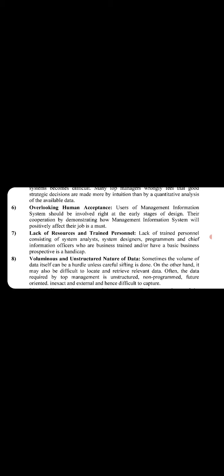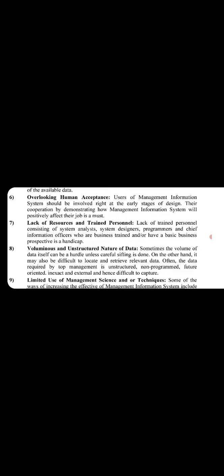So lack of trained personnel, consisting of system analysts, system designers, programmers and chief information officers who are business trained and or have a basic information perspective, is a handicap.